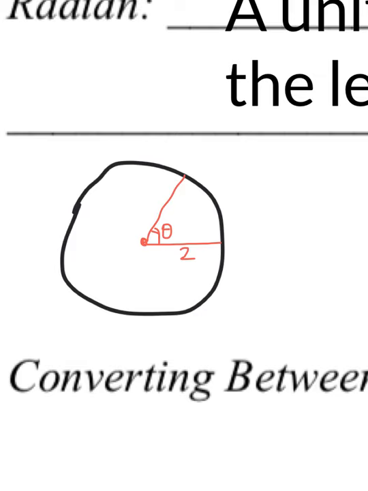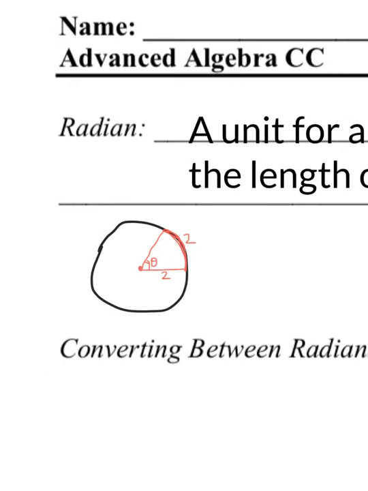The intercepted arc is how much of the circle is intercepted between the initial side and the terminal side of your angle. So this would be the intercepted arc, and for argument's sake, let's say that that's also 2. So again, the radian is the ratio of the length of the arc to the length of the radius. So this would be 2 over 2 radians, which is 1 radian.